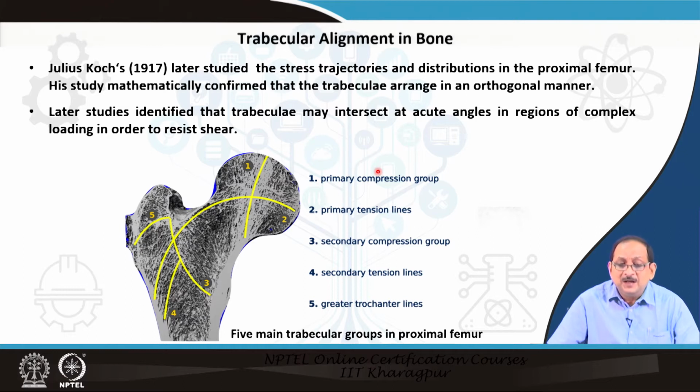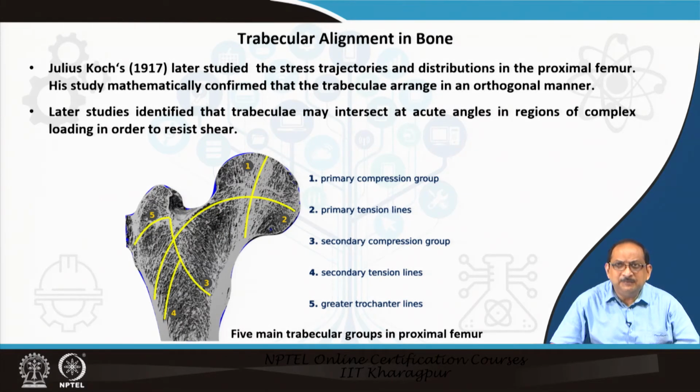Later studies identified that the trabeculae may intersect at acute angles in the regions of complex loading in order to resist shear. The trabeculae in the proximal femur can be classified into 5 main groups according to their functions, as shown in the figure.